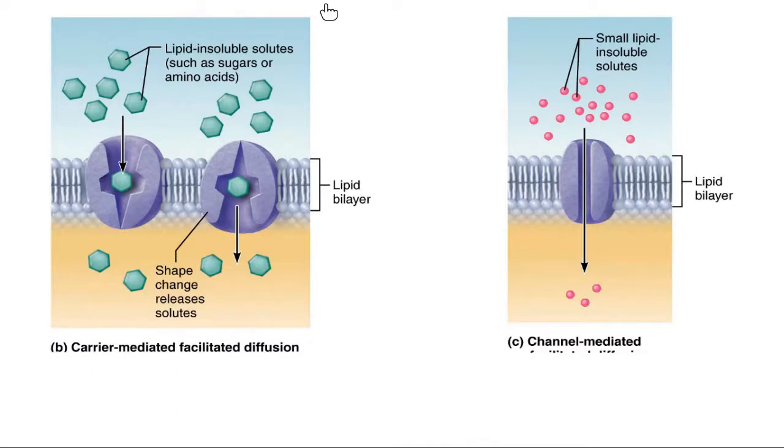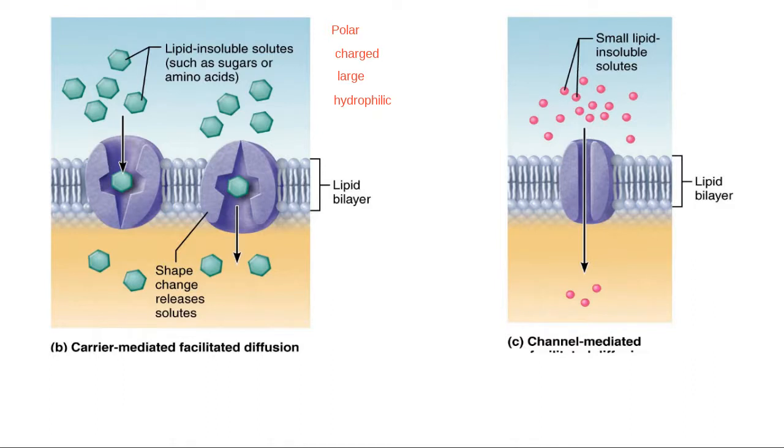Proteins are reserved for all those things we put on our list before. The things that were polar, things that were charged, things that were large, things that were hydrophilic. This is the kind of stuff that's going to go through proteins. There are two kinds of proteins that we use to transport things across the membrane.